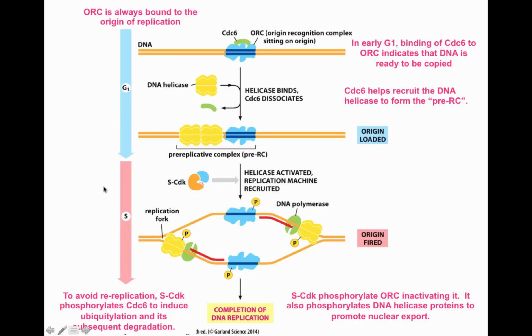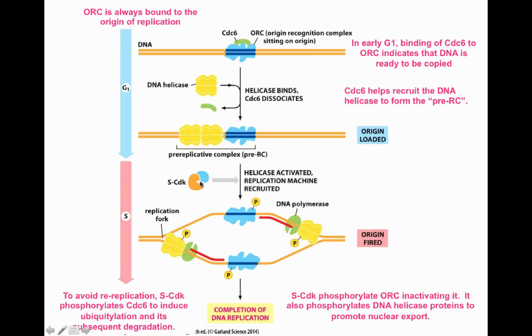Now, when the cell enters the S phase, you're going to have an increase in the amount of S-cyclin. S-cyclin is going to be able to bind to S-CDK, and after activation by different kinases and phosphatases, you're going to have now the active S-CDK kinase. That kinase is going to be able to do a couple of things. It's going to phosphorylate CDC6, and by phosphorylating it, it's going to remove it from the complex.